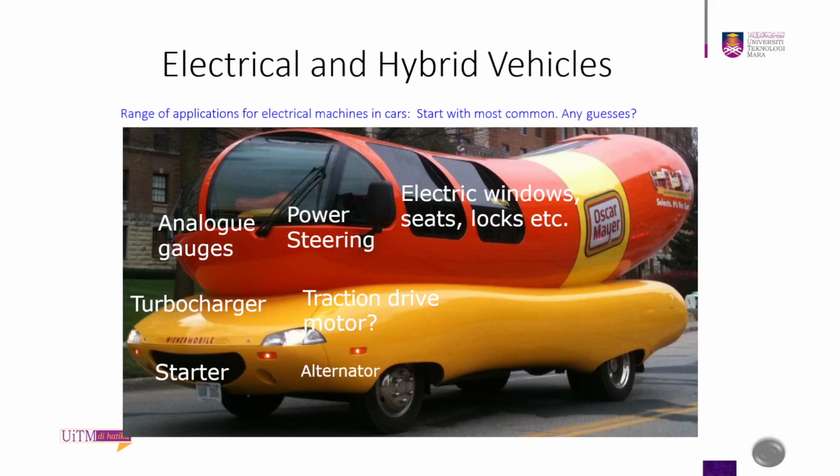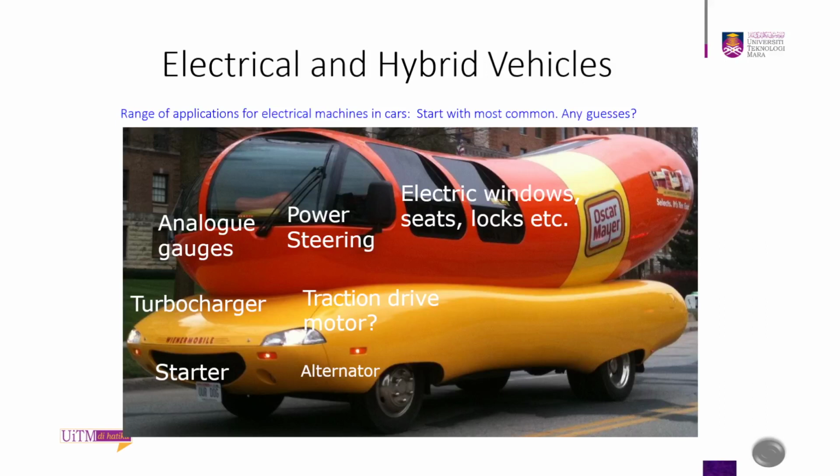All right, so let's look at the range of applications for electrical machines in cars. We start with the conventional car that we had. Actually, we already apply motors inside our car nowadays. For example, for electric windows, we use a small motor there. For electric seats, if you want to move your seat backward or frontward, you use a motor inside. The central locks of your car also use a small motor.